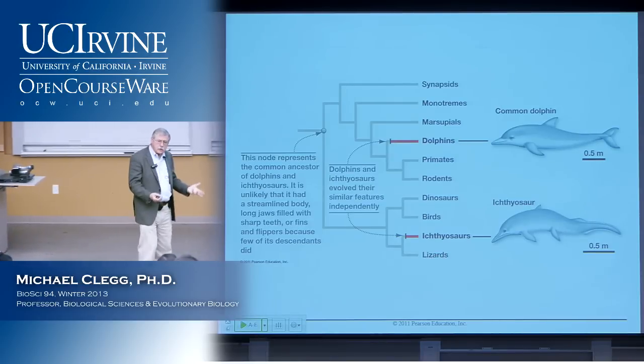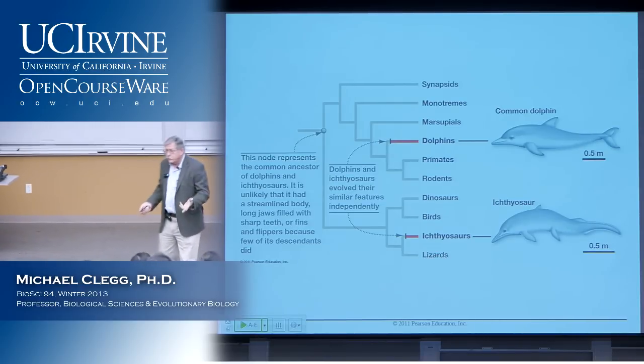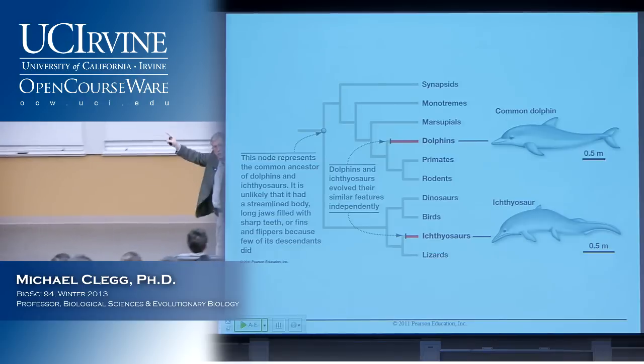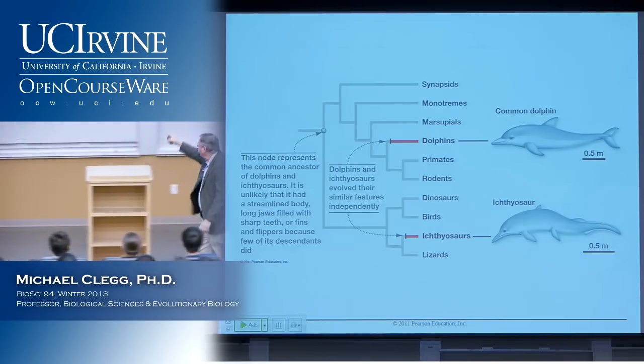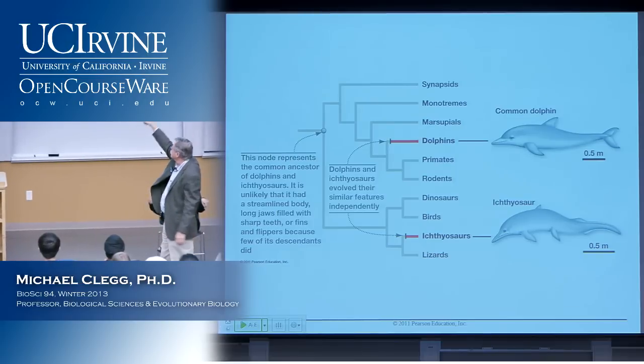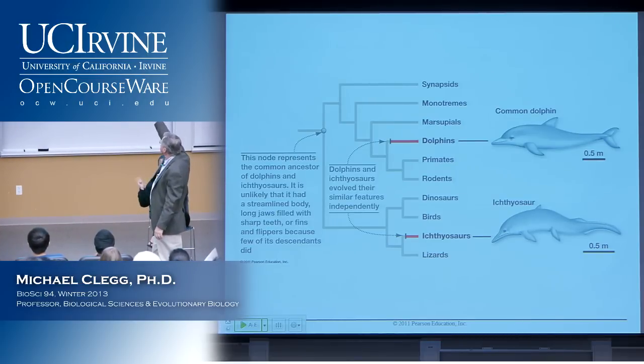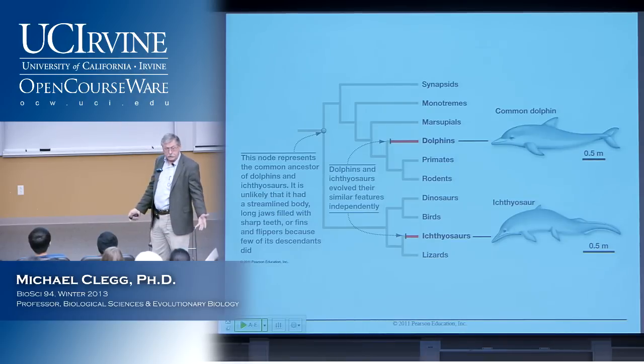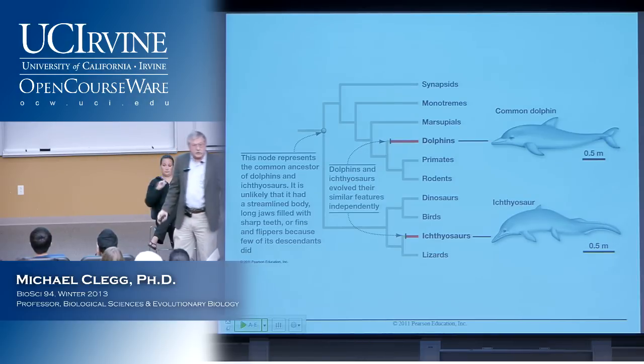They really look very similar, but they're quite different forms of life. One's a reptile and the other is a mammal. And you can see that the dolphin actually evolved independently from a lineage most closely related to marsupials, whereas the ichthyosaur is most closely related to lizards.